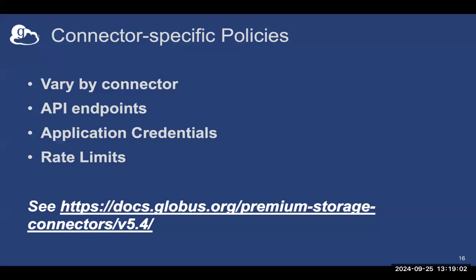And they really only have meaning within the context of a particular connector. So if you look at the premium connector documentation, you'll see what policies are available there, and those are all settable. Like all the stuff that we've been talking about in this storage gateway section of the talk are all about things that you would update with the Globus Connect Server storage gateway update command.